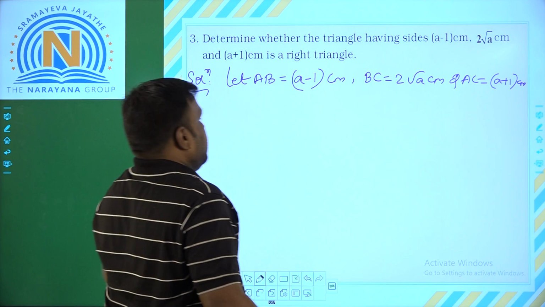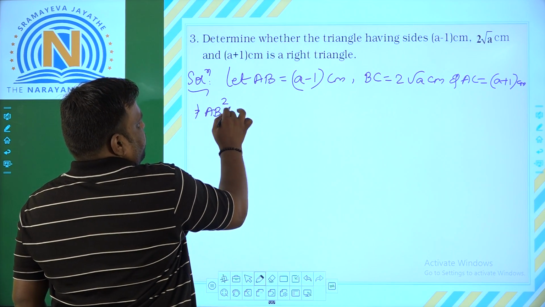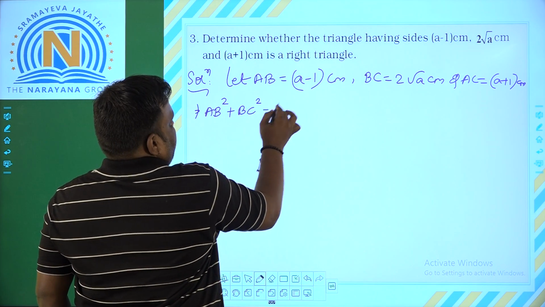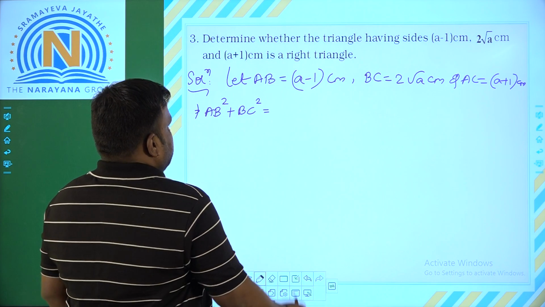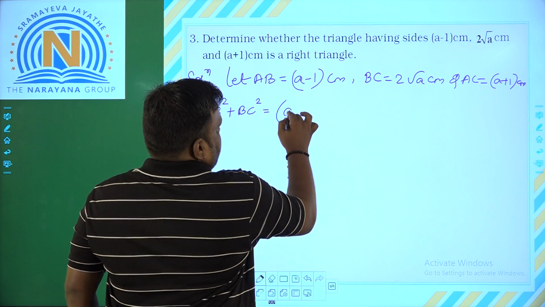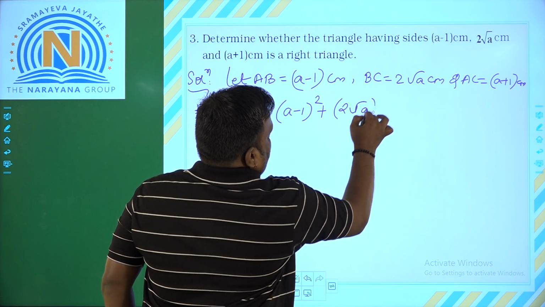Okay, now AB square plus BC square, just adding the squares of the two sides. So a minus 1 whole square plus 2 root a whole square.